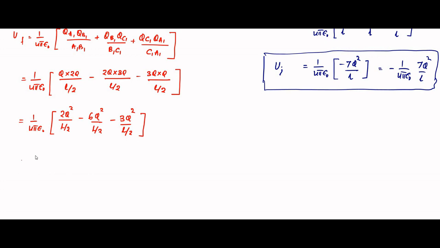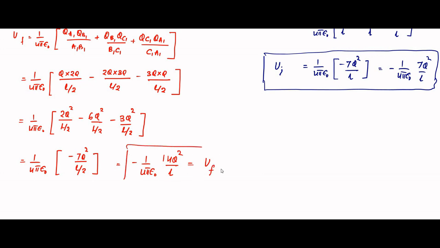That equals 1 by 4 pi epsilon 0 times minus 7q square by l by 2, which is minus 1 by 4 pi epsilon 0 times 14q square by l. This is the final potential energy, and the earlier one is the initial potential energy.